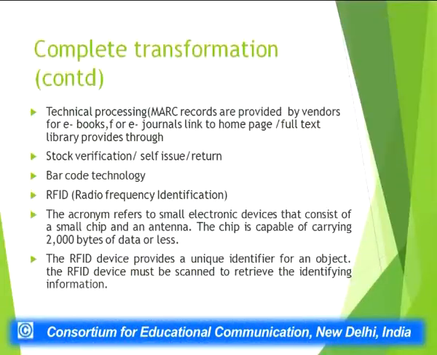Now, with the advent of technologies, it has given way to the use of RFID, where readers are facilitated to go for self-issue and return. And physical verification of the books is easily facilitated by the use of RFID or barcode technology.